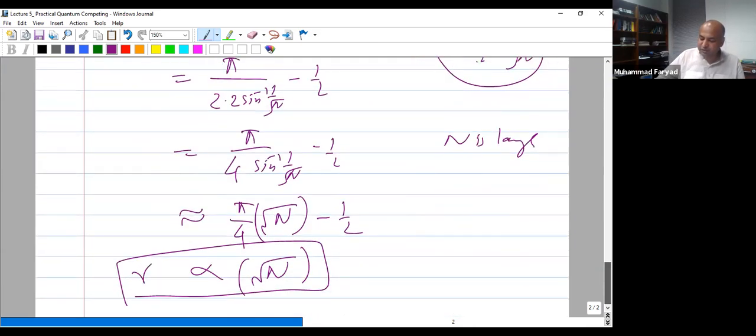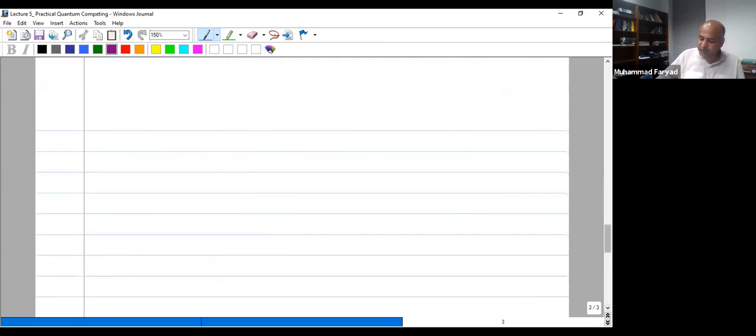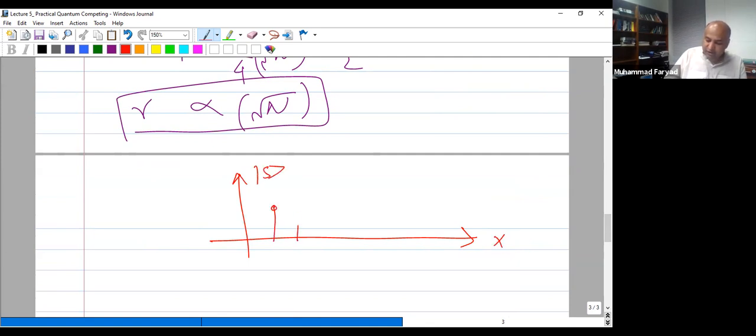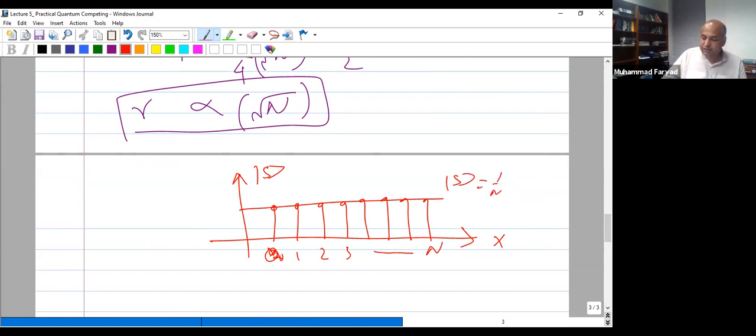Actually, you can think about this particular problem in a somewhat different way as well, because we had this S state like this. If you think about x, all possible combinations had equal amplitude. So the probabilities of x being 0, 1, 2, 3 and all n states are the same because they have the same amplitude. Remember, S is 1 over square root of n times the sum of all x states.